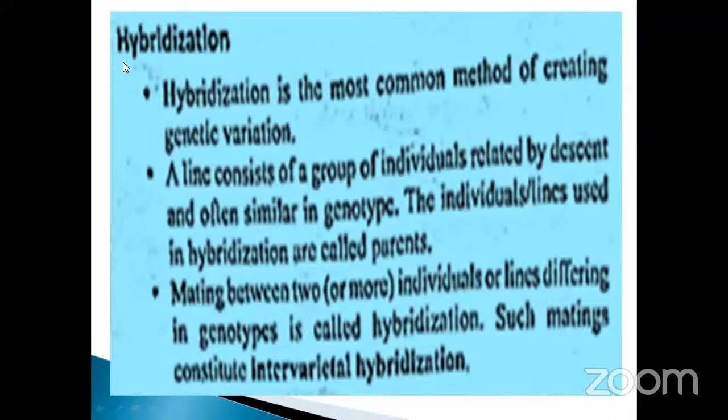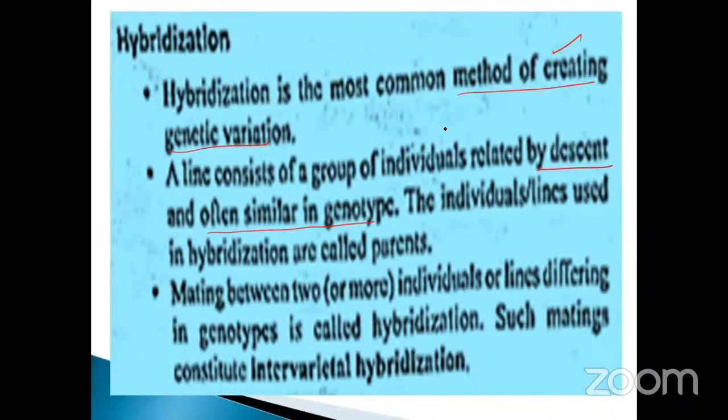And next, hybridization. Okay, hybridization, how will it be? Hybridization is the most common method of creating genetic variations. A line consists of a group of individuals related by descent and often similar in genotype.